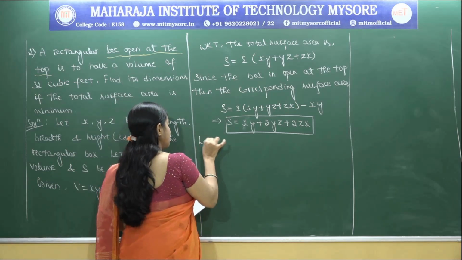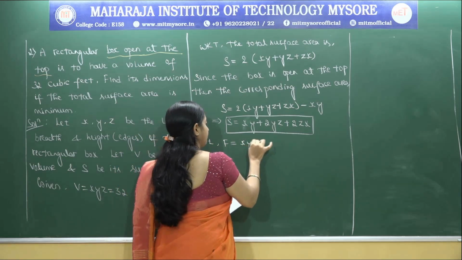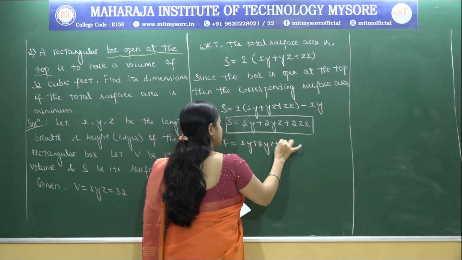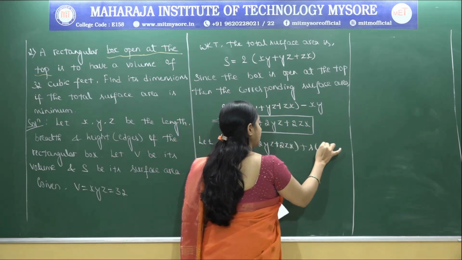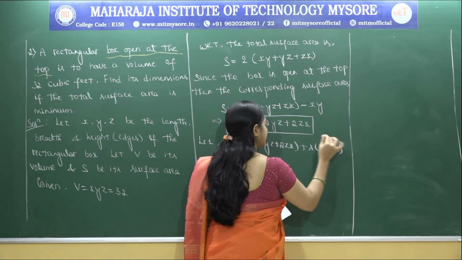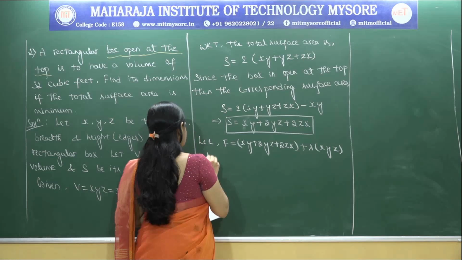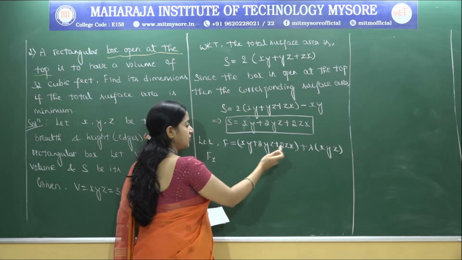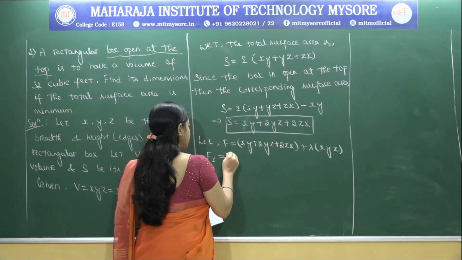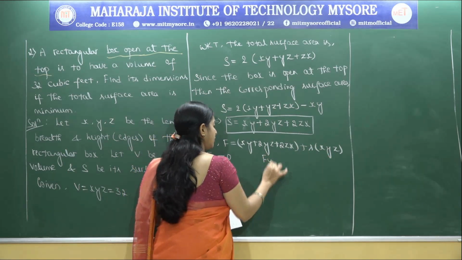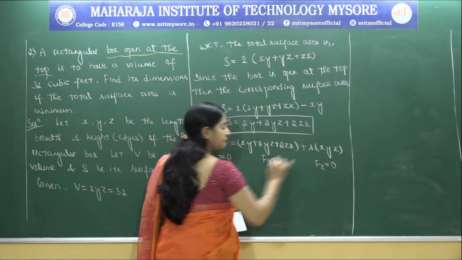First, I construct the function f equals xy plus 2yz plus 2zx plus lambda times the condition they given, xyz minus 32. So excluding 32 you consider. Since the differentiation of constant is 0, no need to consider 32, just write xyz. Then form fx equals 0, fy equals 0 and the last one fz equals 0.